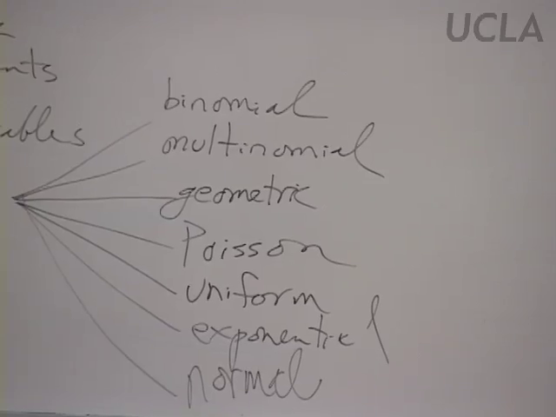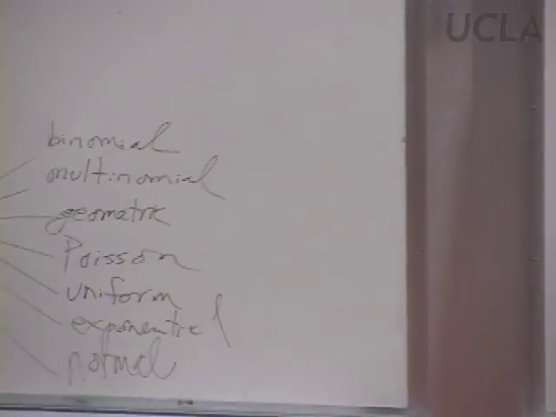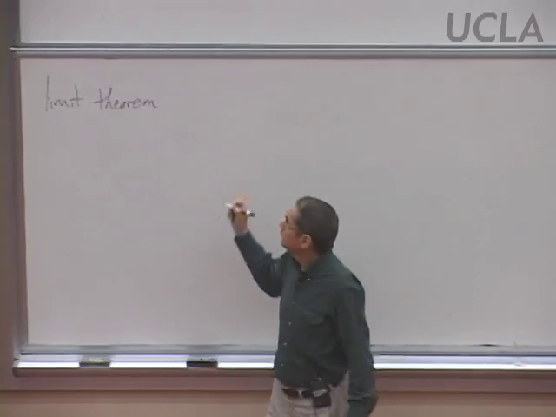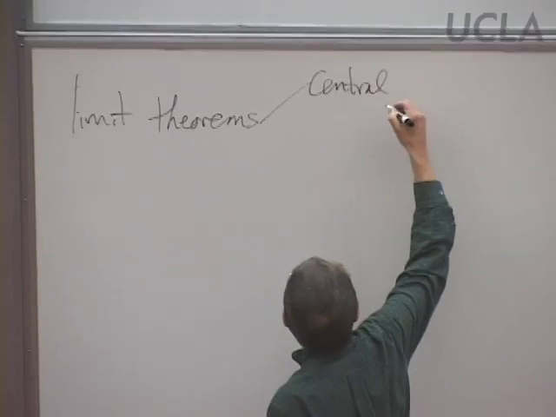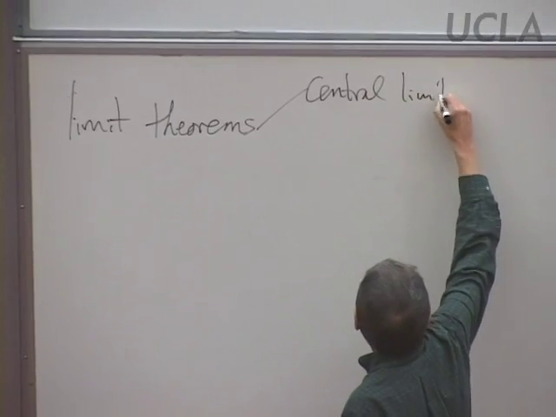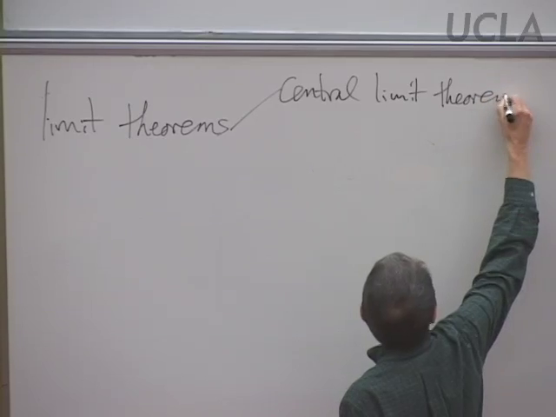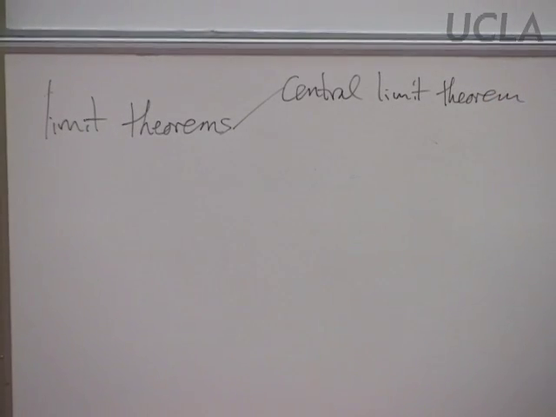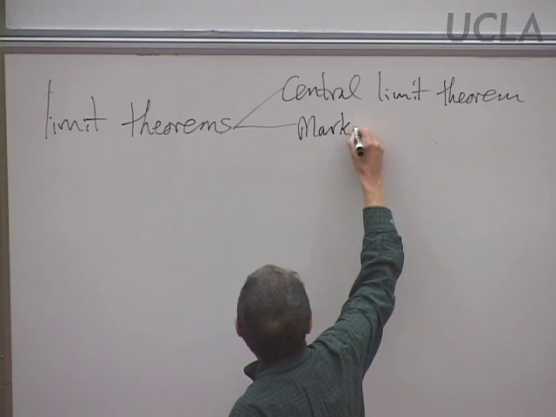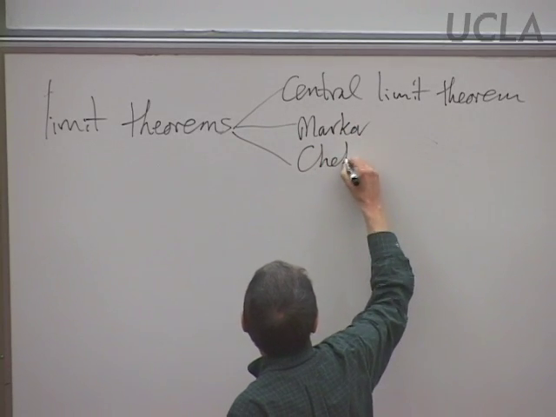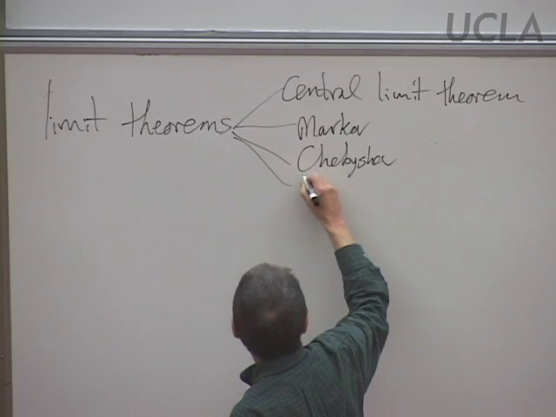Anyway, there are those 4 limit theorems. The one we've used most is the central limit theorem for sums or averages of independent, identically distributed random variables. And 3 others: Markov's inequality, Chebyshev's inequality, and the law of large numbers.